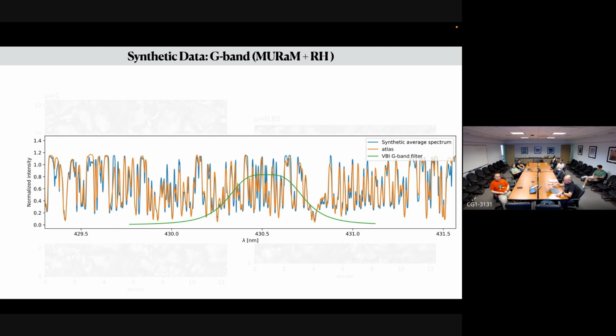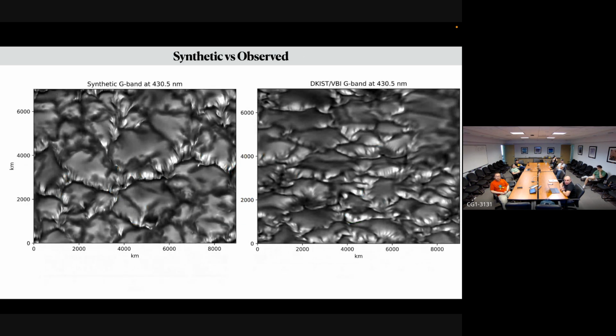To get a close match, we multiplied our synthetic data by the VBI G-band filter, which is basically the transmission filter, given here as the green line. Then we integrated the synthetic data along the wavelength range covered by this filter. And here is the result.